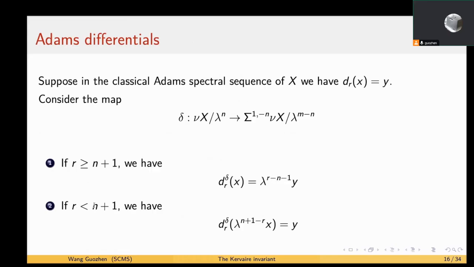And if r is less than n plus 1, then we have a delta extension from lambda to the n plus 1 minus r power times x to y. So that means essentially a non-trivial Adams differential corresponds to a non-trivial lambda Bockstein type differential with corresponding length.